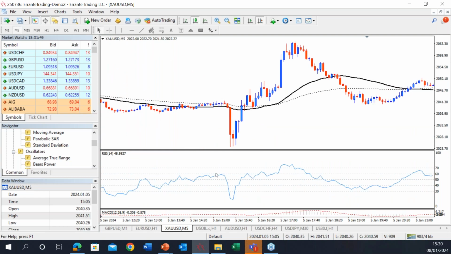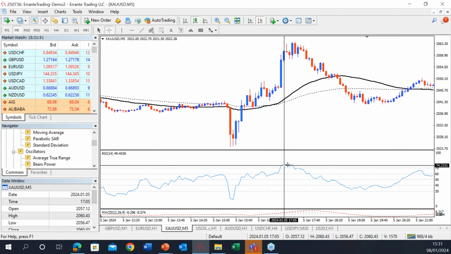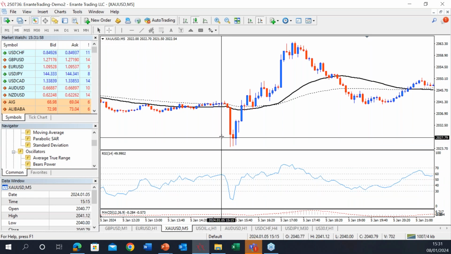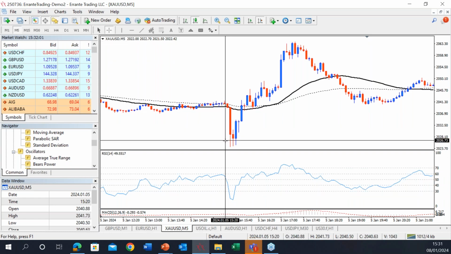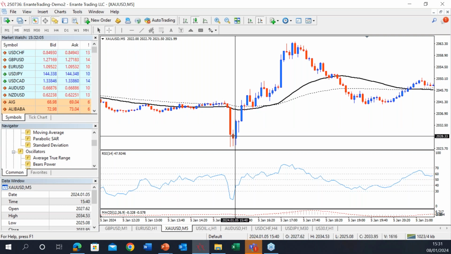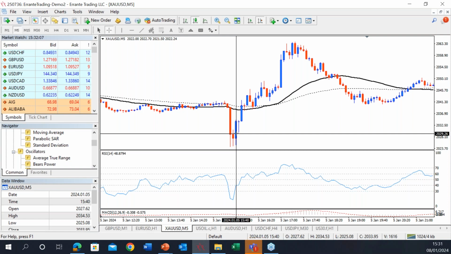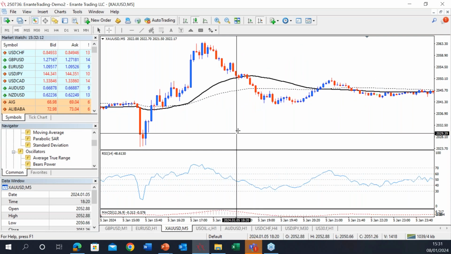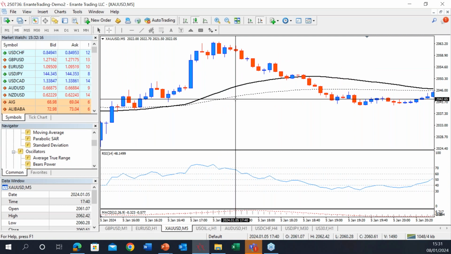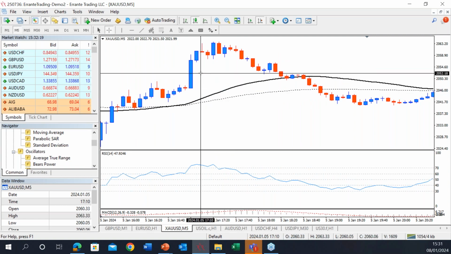You see, anytime that RSI goes to the overbought or oversold area on the gold 5-minute chart, we usually can see or identify a reversal pattern in the candlesticks. So it means the market sentiment is going to shift, but it's going to shift very smoothly sometimes, or very sharply at other times. So it's really crucial to understand the nuance of the candlestick patterns.